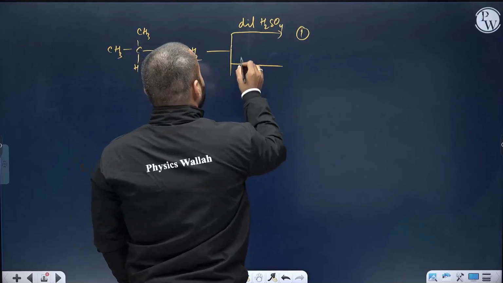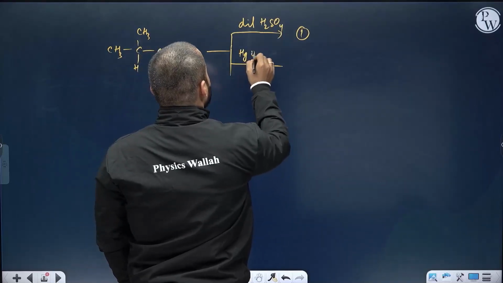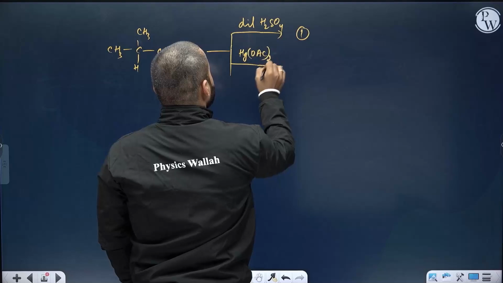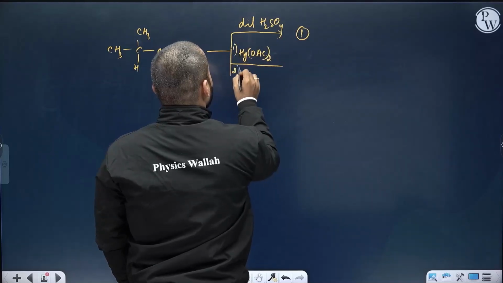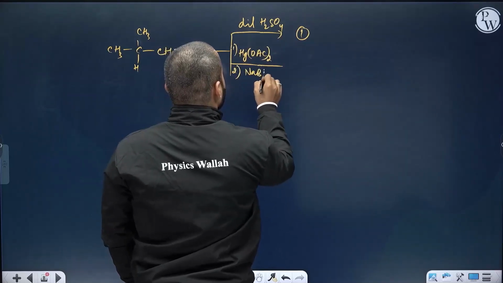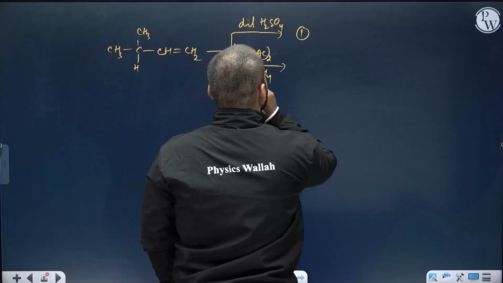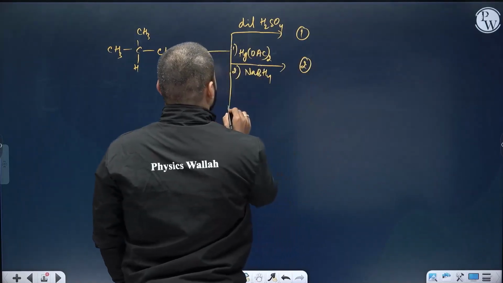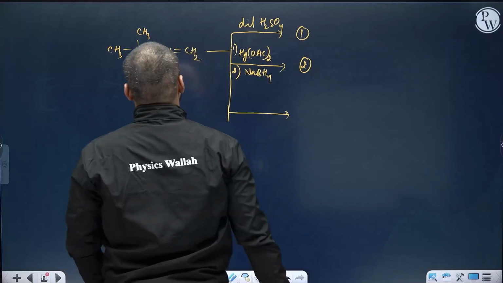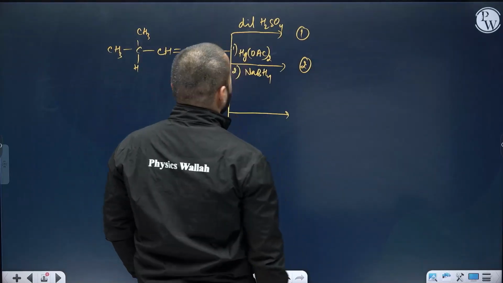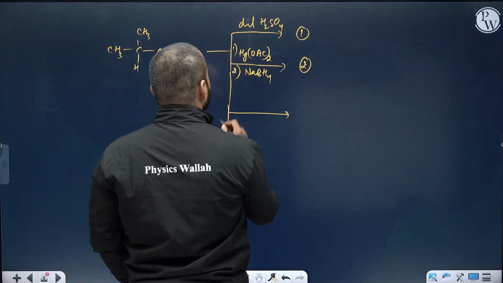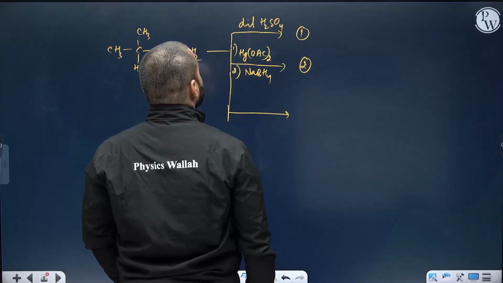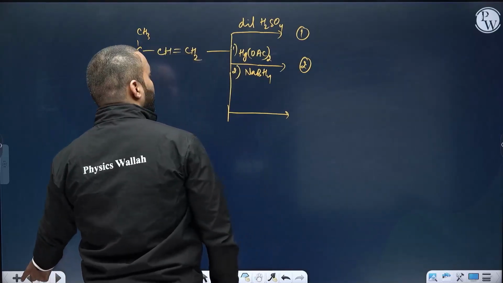Then HgOAc twice, that's reagent number 1. Then NaBH4, reagent number 2. Okay, product number 2 here. Then, okay, one, two.